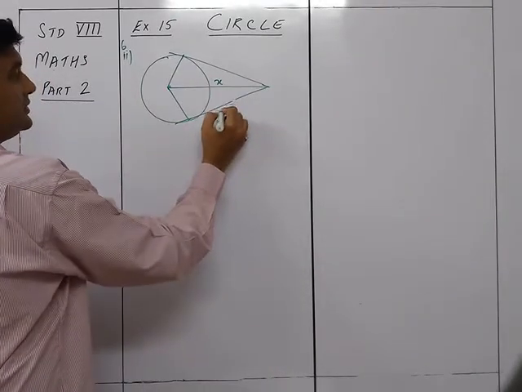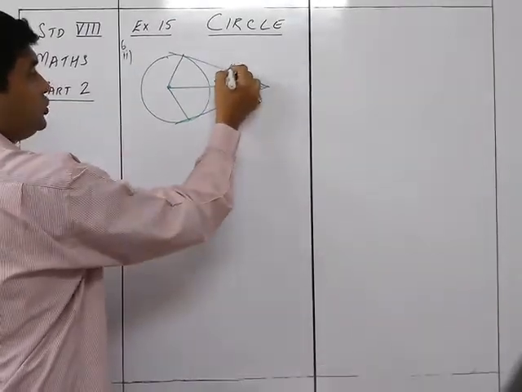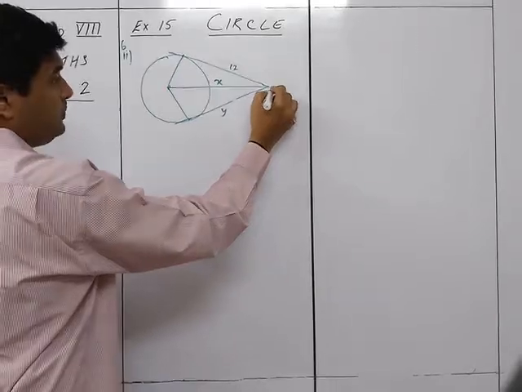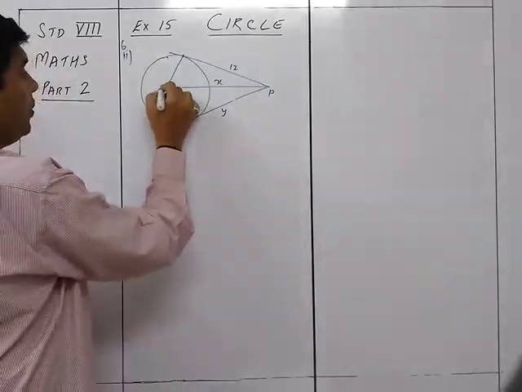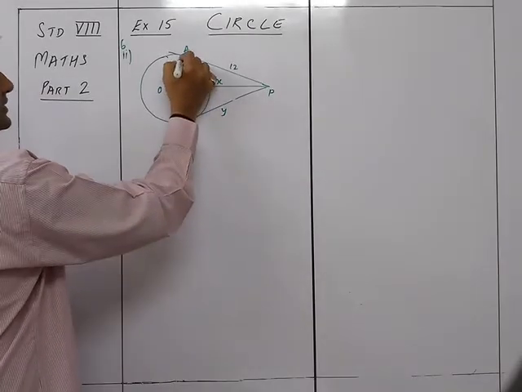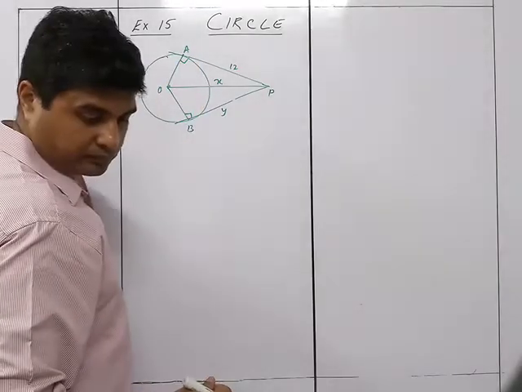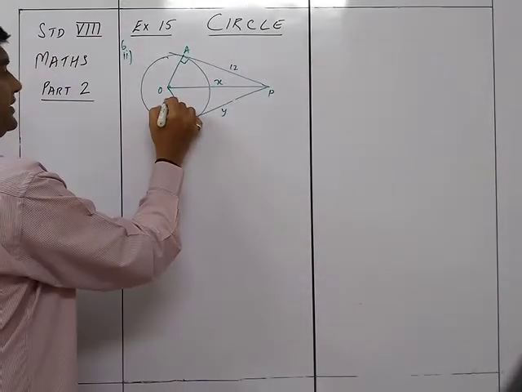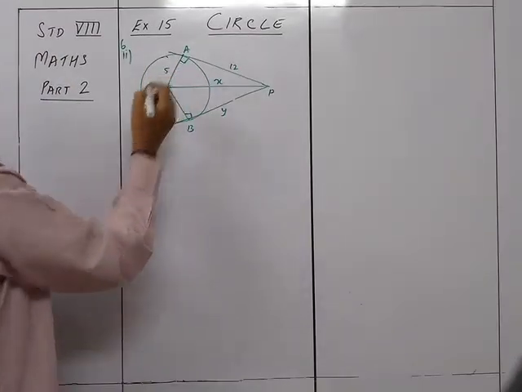This is x, this is y, this is 12, this is P, O, and you can take these as A and B. They are the tangents, so these are 90 and this is 90. This is given as 5 centimeters, so this is also 5.